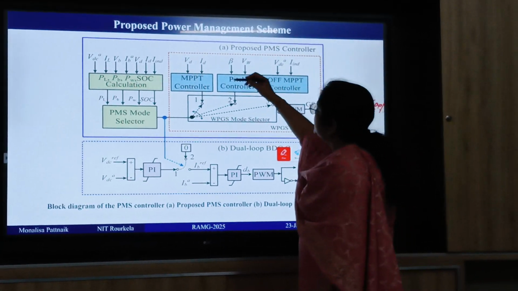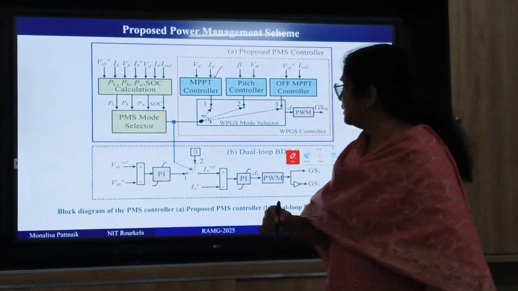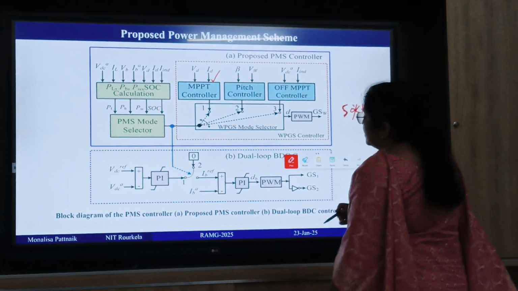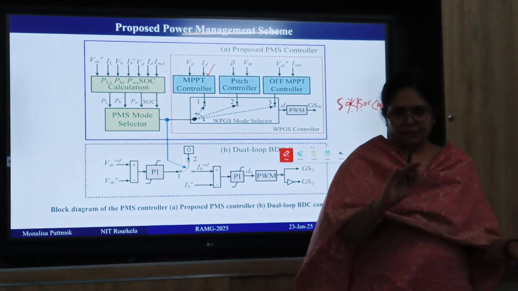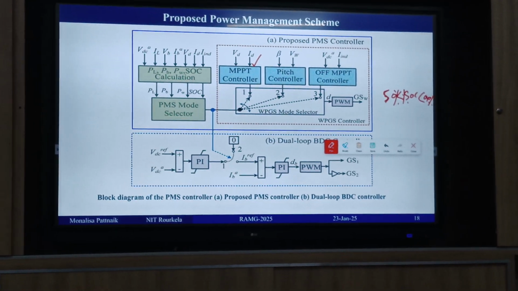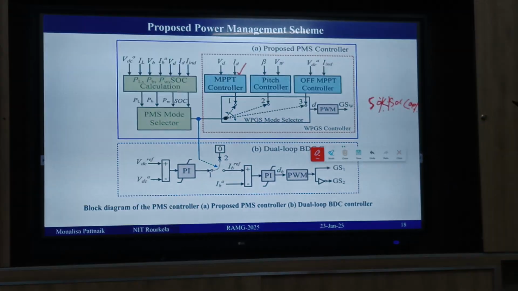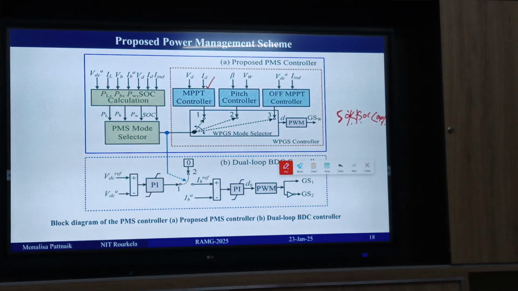So here the wind system is operated in MPPT mode. If anyone has an idea of the operating zone of the wind, for very high speed we cannot operate it, so we have to limit the speed.